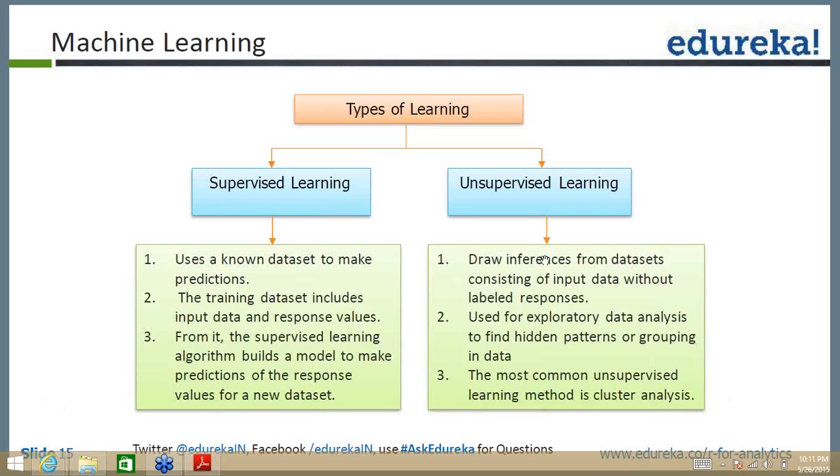The supervised algorithm builds a model to make predictions of the response values for a new data set, right? Unsupervised is used for EDA, which is exploratory data analysis. The main difference between supervised and unsupervised is that here there are no labeled responses, right? The most common unsupervised learning method is cluster analysis. We are anyway going to see that today.